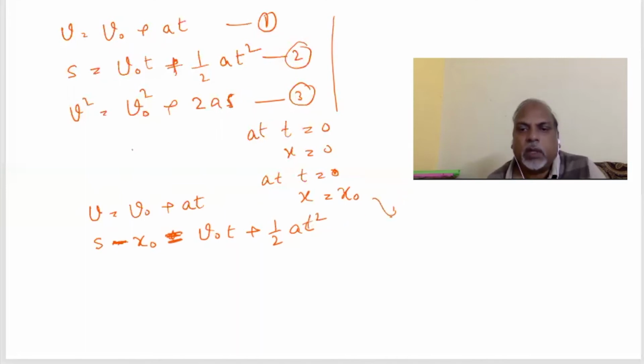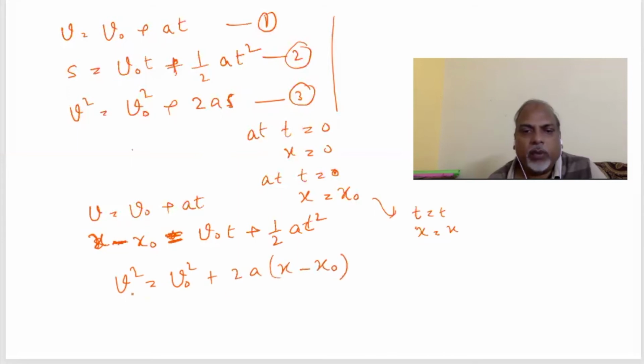Sometimes if at t is equal to t you take x is equal to x, then of course this will become x minus x0, and this is what is actually given in the books as notation. So you don't confuse yourself about what is s or x, it is all distance.